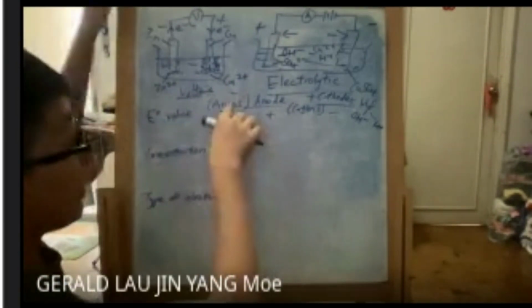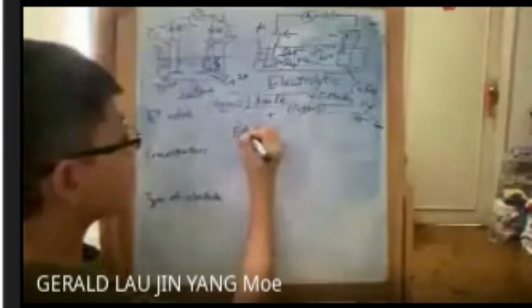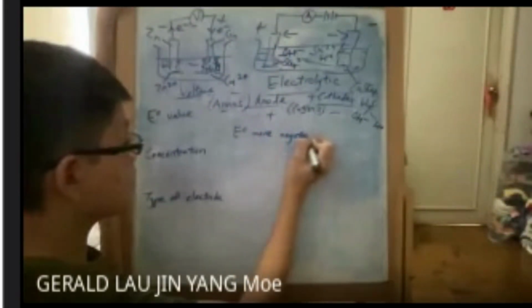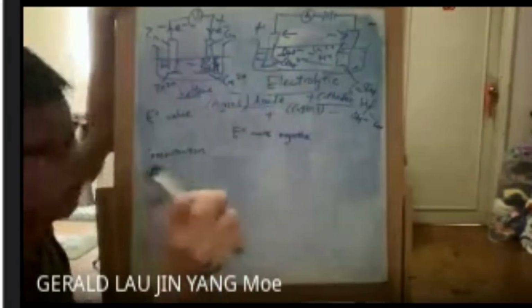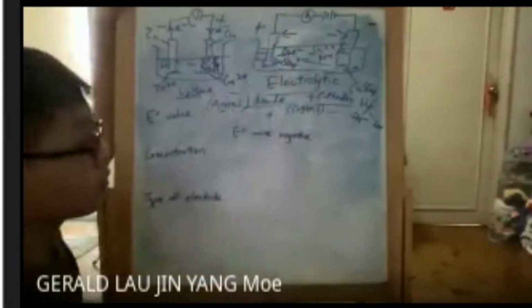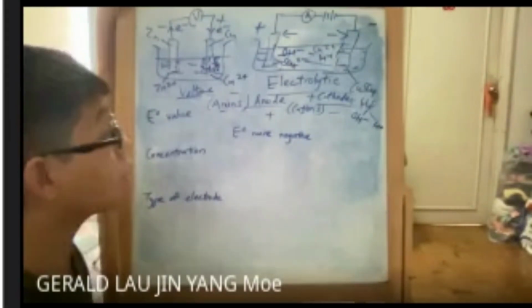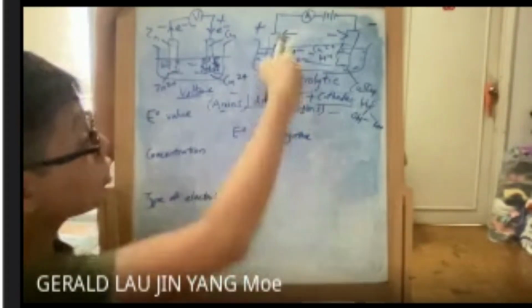Anion is negative, so the inert value must be more negative. Look at your SEP table. Which is more negative, or less positive? Same thing, more negative, less positive. Hydroxide and sulfate, which has the more negative inert value?